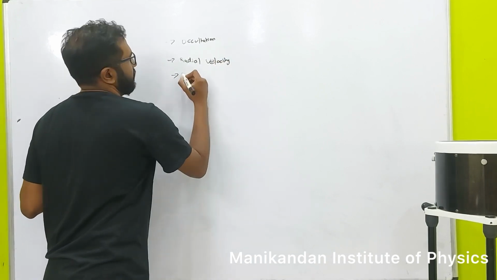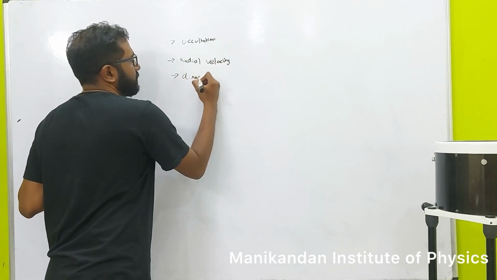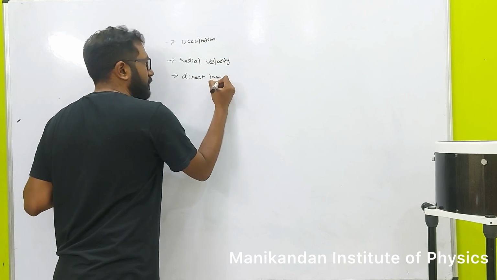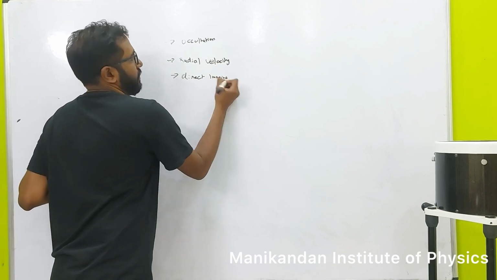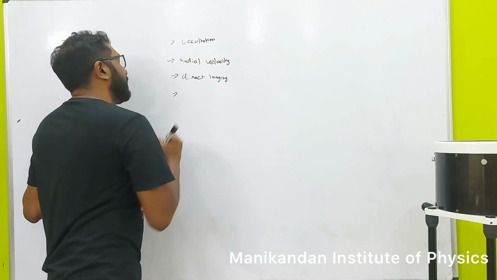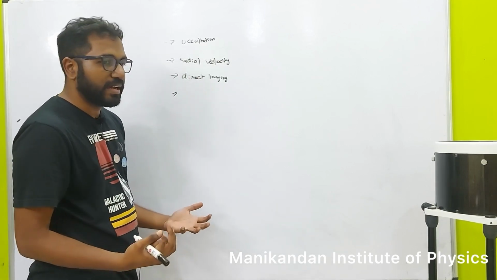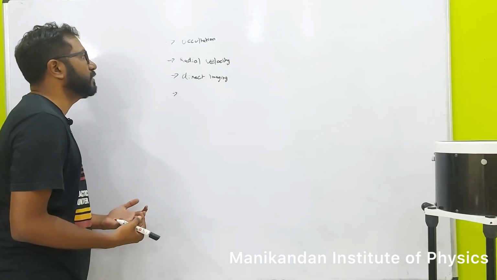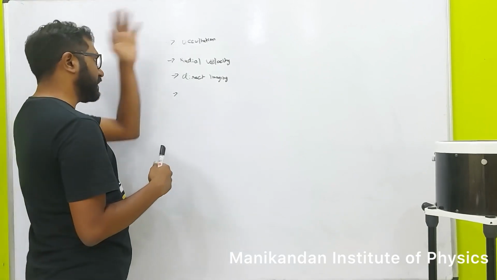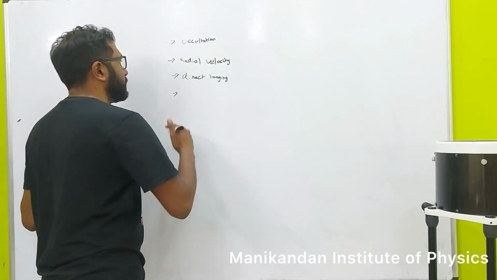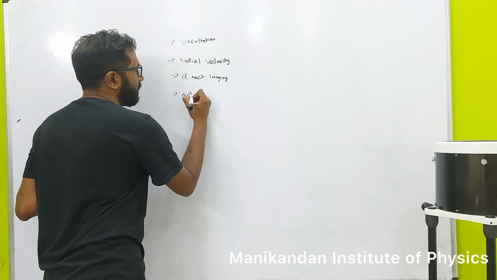The next one is direct imaging. And the last one is not that famous. I've been a part of it, it's one of the publications that I've been part of, but it's not a really famous technique because it's still a little bit difficult to achieve. It's something called nulling interferometry.